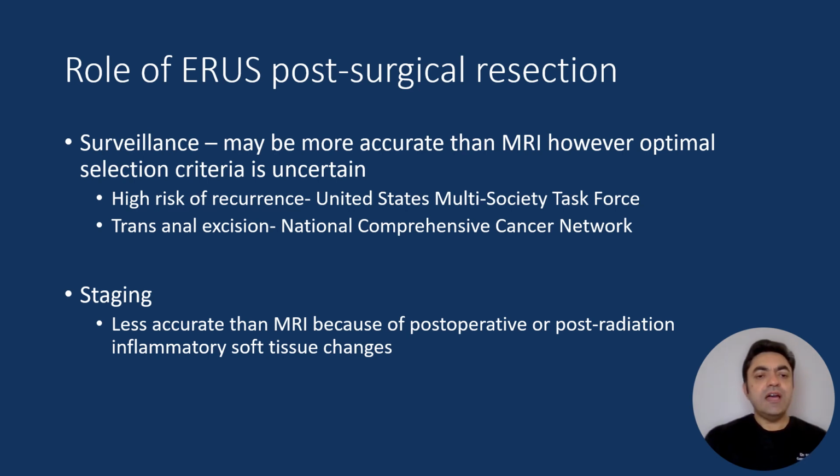Certain groups suggest high risk patients with high risk of recurrence, whereas other groups suggest patients who have had transanal excisions should be surveyed using ERUS. However, once the recurrence has been identified, then further staging with EUS is not great because of post-inflammatory and post-radiation changes.